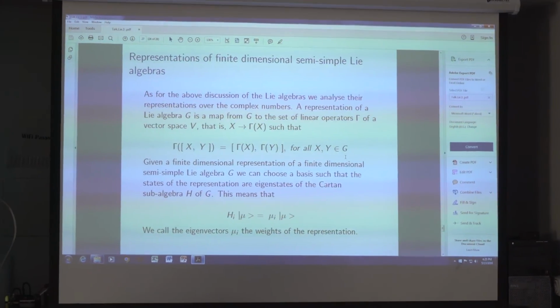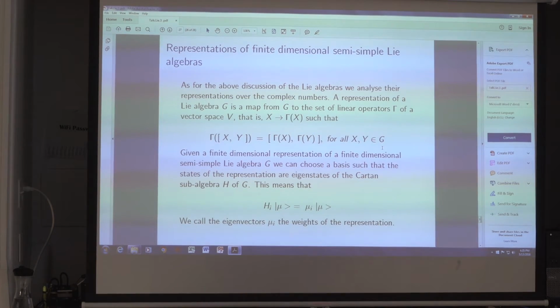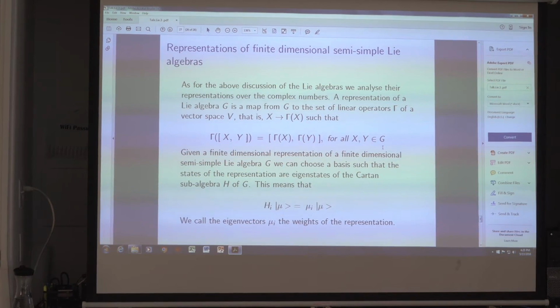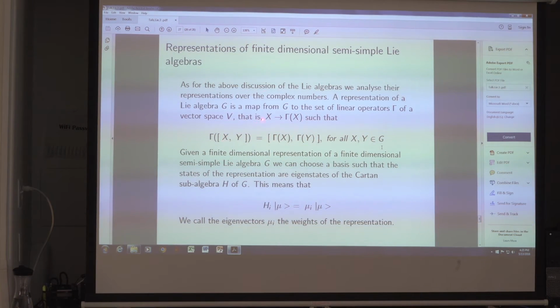Okay. So essentially, representation. What you do essentially is associate to a given generator a matrix in general, in such a way that the representation associated with the commutator is given by the commutator of your representations.